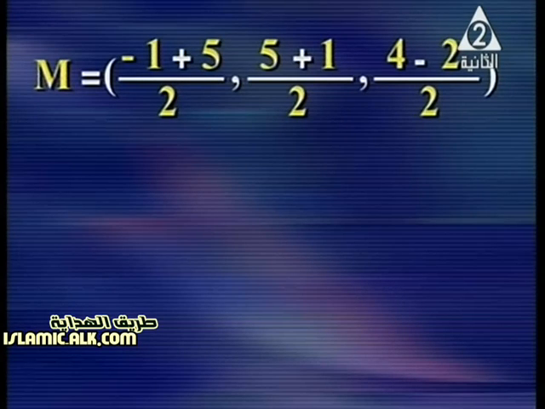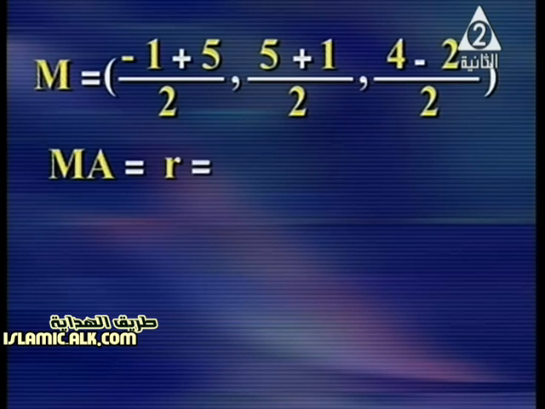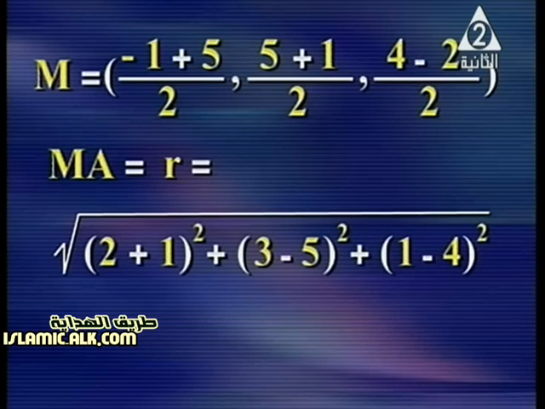What is the rule of the midpoint? Excellent student. (x1 plus x2) over 2, (y1 plus y2) over 2, (z1 plus z2) over 2. Then the coordinates of the center M are (-1 plus 5) over 2, (5 plus 1) over 2, (4 minus 2) over 2. Therefore, the radius MA equals what?